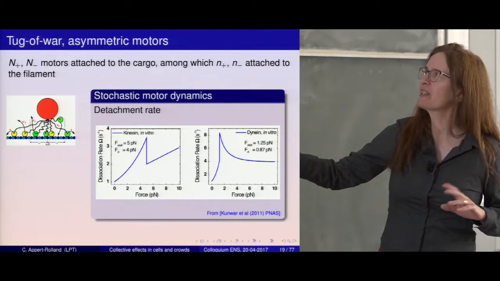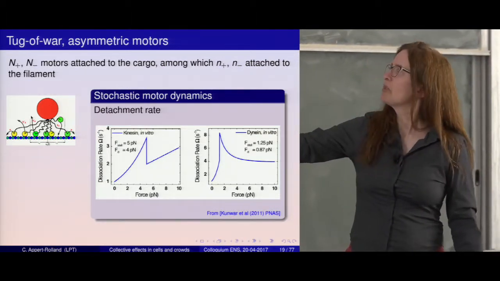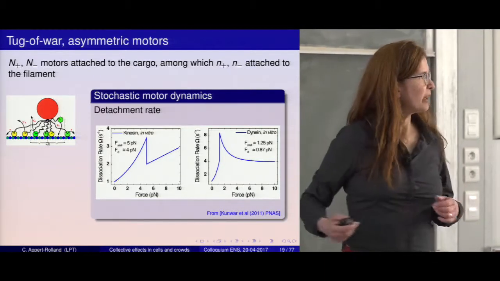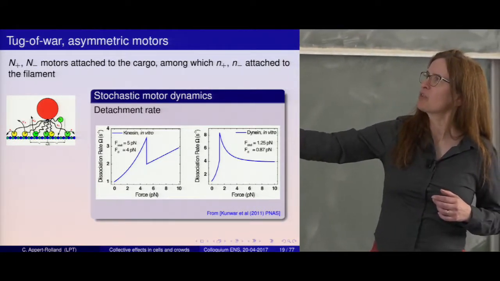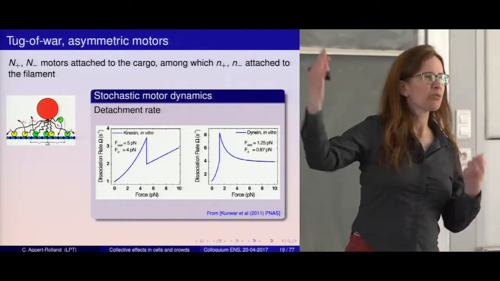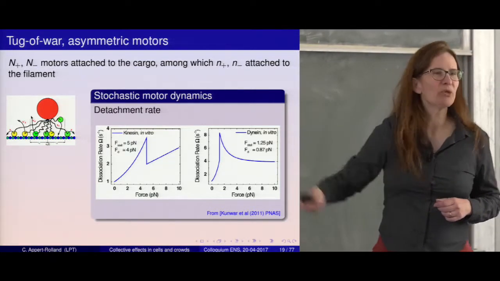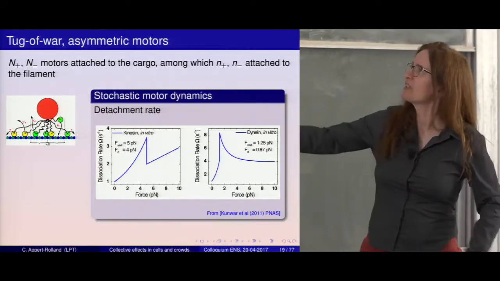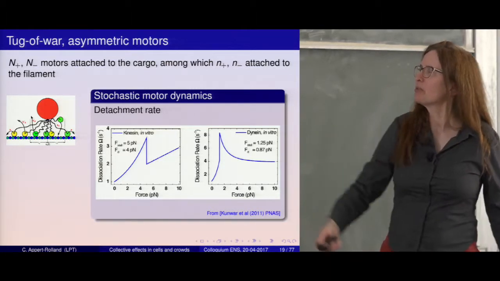For example, look at the detachment rate as a function of the force, for kinesin and dynein. They behave quite differently. In particular, above stall, here, the detachment rate increases with the force. So when you pull harder, the motor detaches more. But for dynein, it's the contrary. When you pull more, it gets more anchored and doesn't move away. This is called catch-bond behavior, and so it will make a very different behavior.